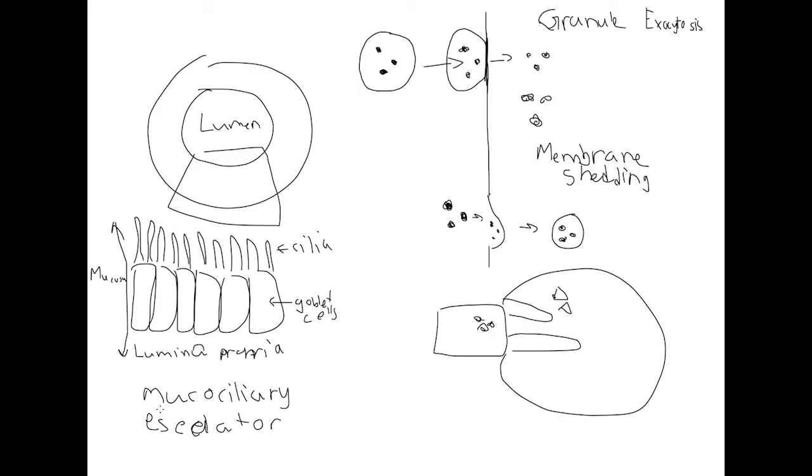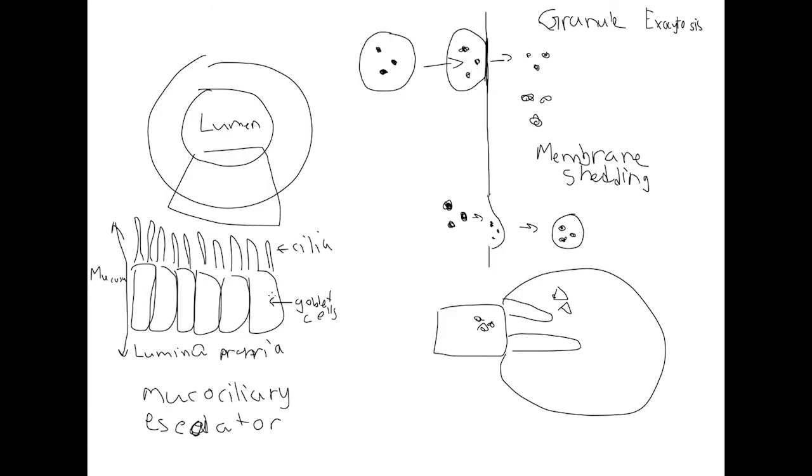This is called the mucociliary escalator, okay? I'm not sure if I spelled that correctly. But it's called the mucociliary escalator, and it basically transports foreign particles away using mucus and cilia. And in the future, probably in the next video, we're going to be talking about the submucosa and all of the other layers in the trachea, and how they also contribute to the movement of foreign particles away from your lungs.